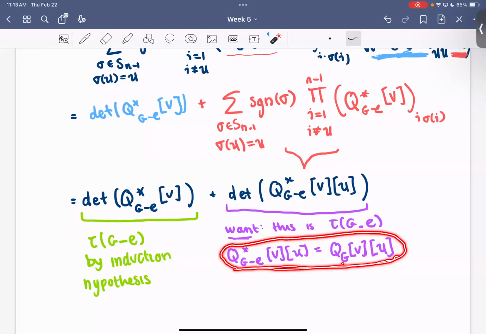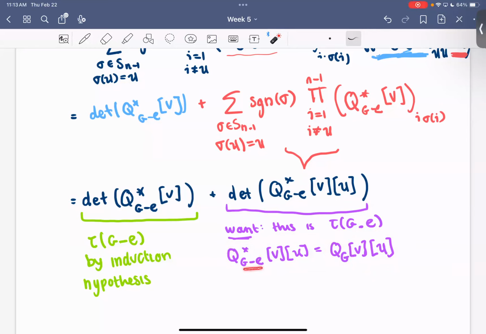So if we wrote down this matrix and compared it to this matrix, Q G minus E, this one is only different in the rows and the columns corresponding to V and U. So if we delete V and U, it's like this never happened.